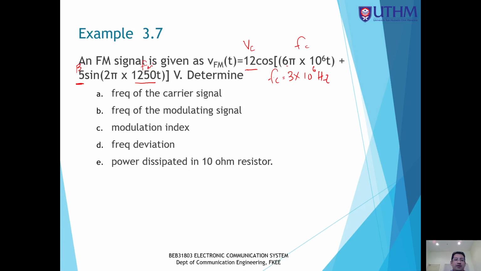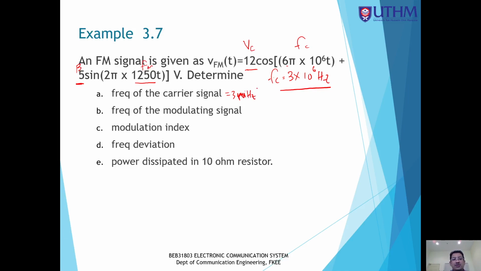Now the question asks, determine the frequency of the carrier. I already know from the question that the frequency of the carrier is equal to 3 megahertz.